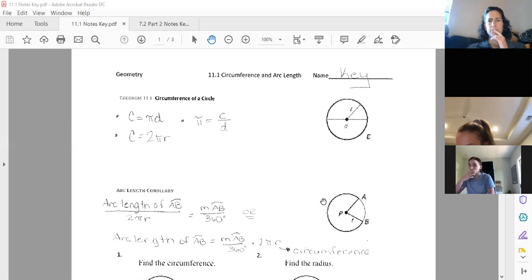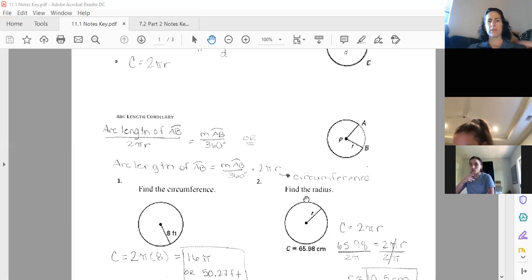The big thing for this section, obviously you know about the circumference of a circle, so hopefully that wasn't anything new. But the big thing worked out through this whole section was arc length. Arc length is basically just a piece. If you look here, arc AB is just a piece of the circumference. If I were to take that piece out, make it straight, and measure it, that would be the arc length. It's basically a percentage, or a piece, of the entire circumference of the circle.